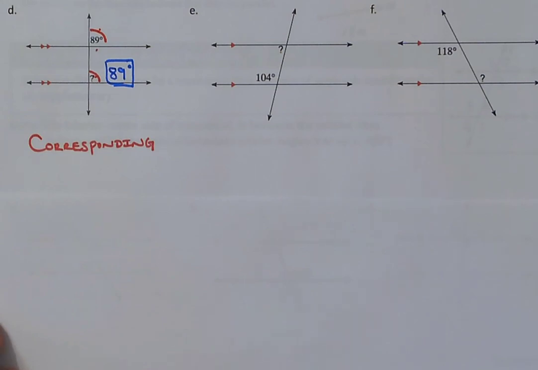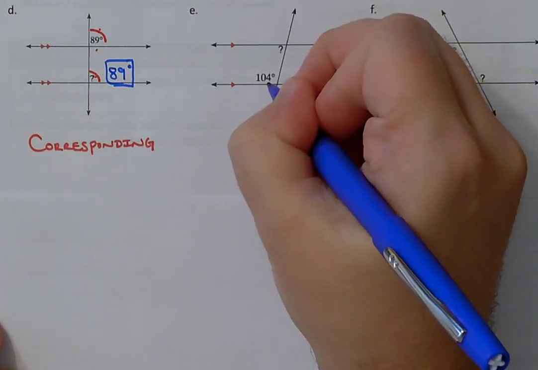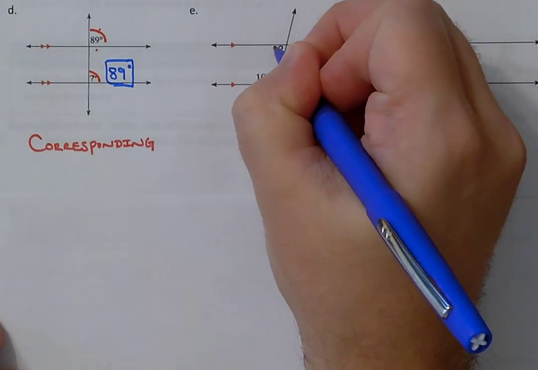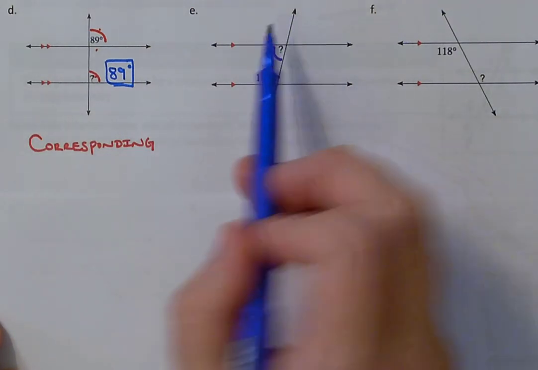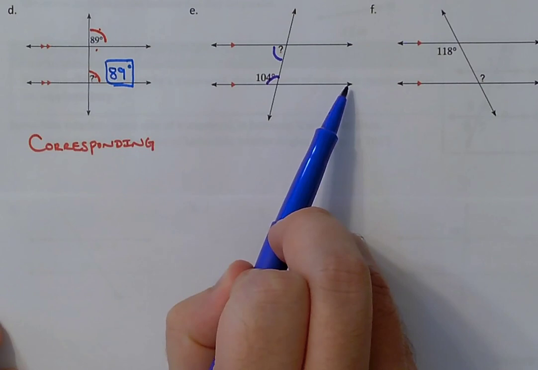All right, next, let's take a look at E. So for E, we have 104 degrees, and then this question mark angle here. So, first question. They are both in between the parallel lines.